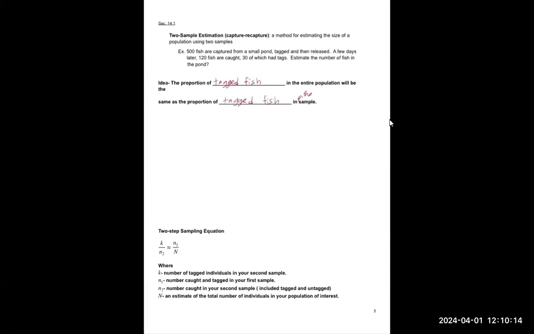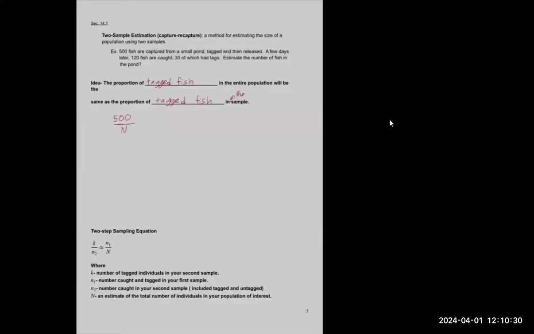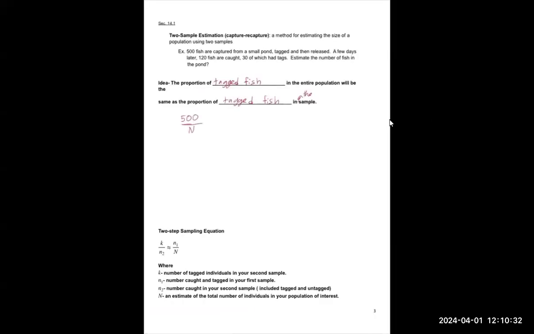So this is how they're going to write it. From the first sample, 500 of the N amount of fish were tagged. That represents the fraction of fish that were tagged: 500 fish were tagged of the total number of fish in this pond.